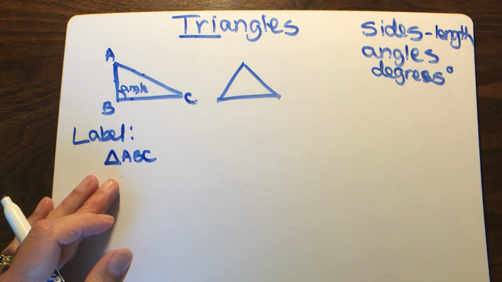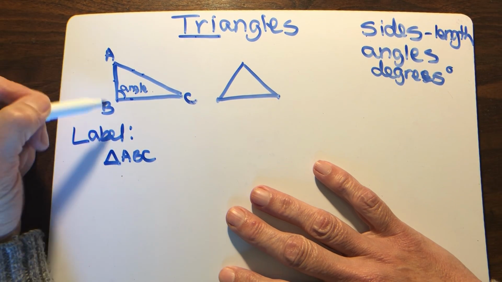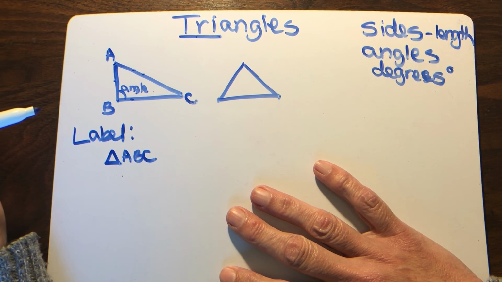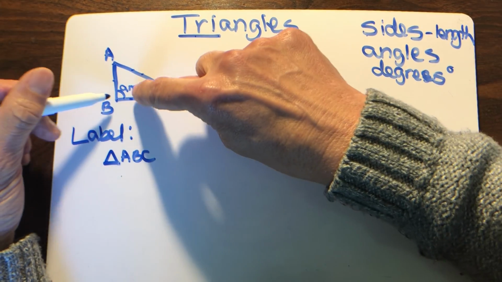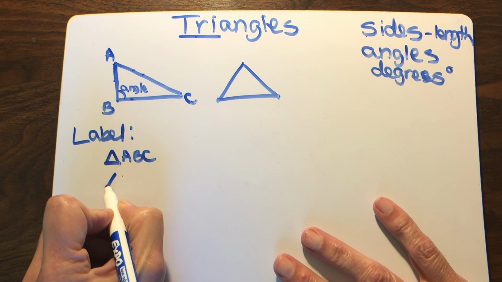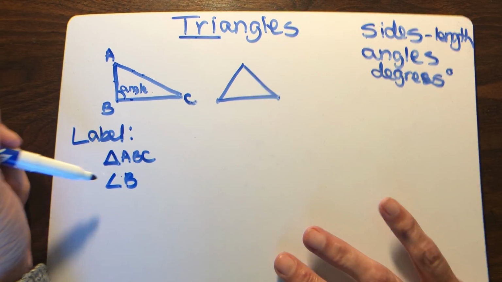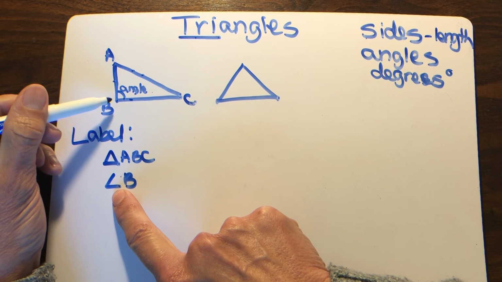Or sometimes we refer to just the angles. If I want you to look right here where I wrote that word angle, then I would write the symbol angle and the capital B. Remember, you can represent an angle with just the vertex.